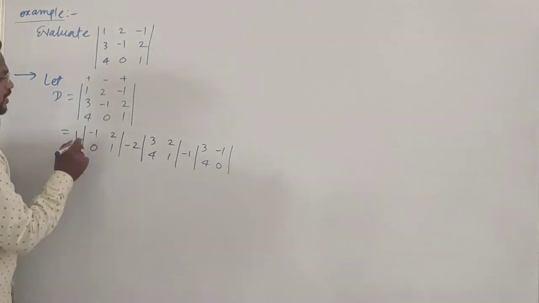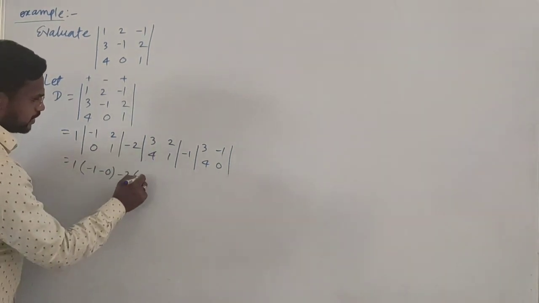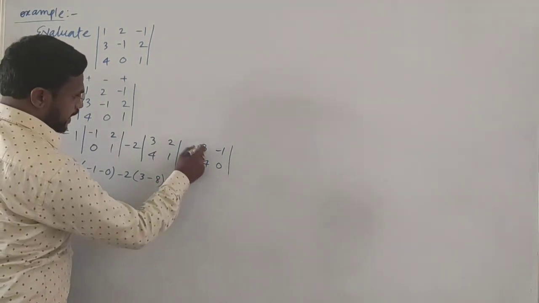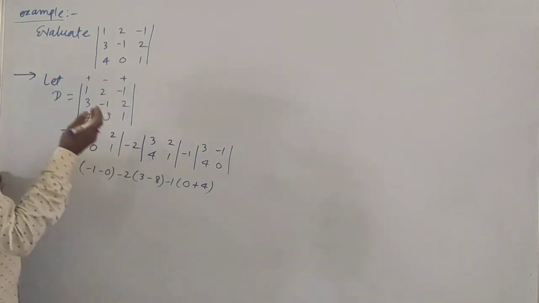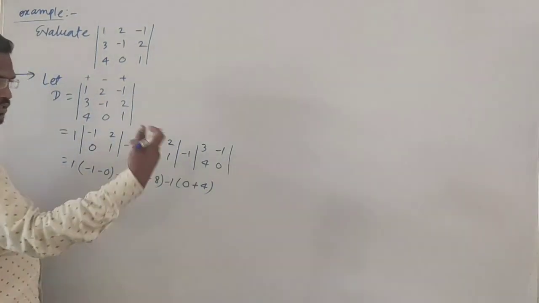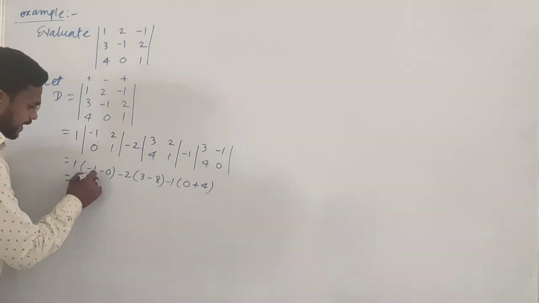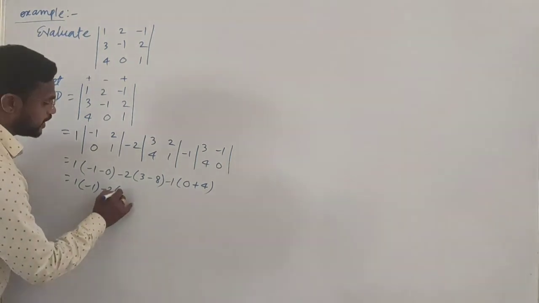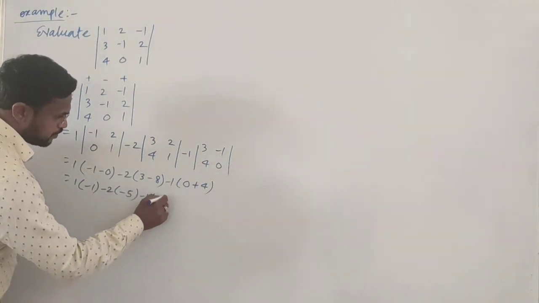Calculate this: -1 - 0, minus 2 in bracket 3 - 8, minus 1 in bracket 0 - (-4). Here is minus; formula: 1 in bracket -1, minus 2 in bracket 3 - 8 that is -5, minus 1 that is 4.